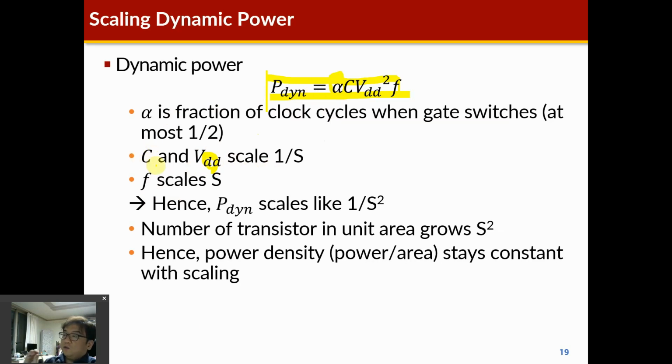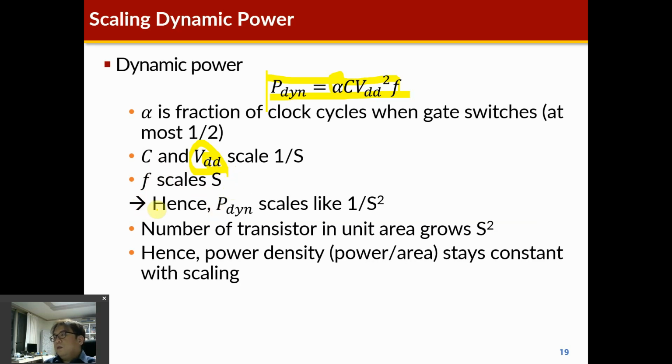C is related to the area of the MOS transistor, and if the CMOS is scaled down by S, then C can also decrease. So C decreases by 1/S, becomes 1/S. And then we already said that VDD also scales down by S, and the F can increase.